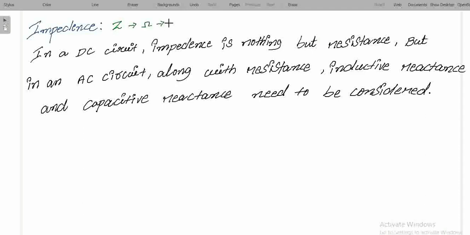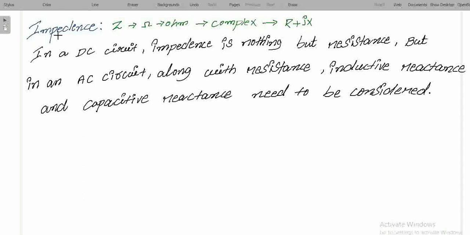Impedance is a complex value which includes resistance plus reactance. So impedance is denoted with Z, its unit is ohm, and it is a complex value which is indicated with R plus jX.